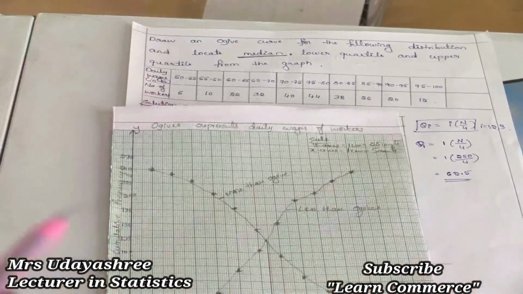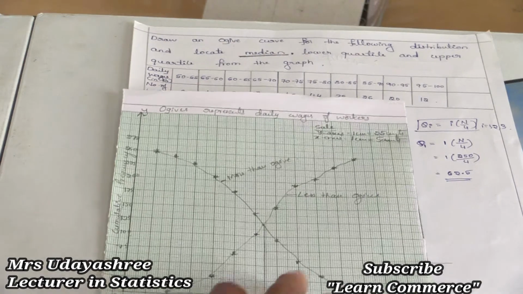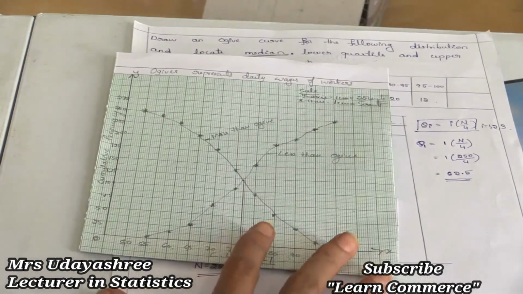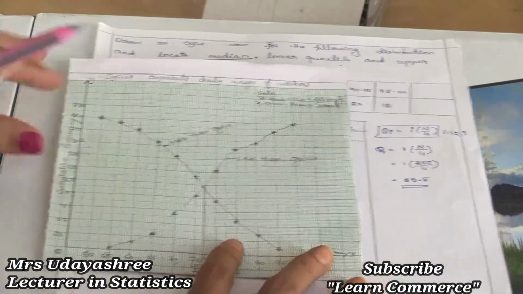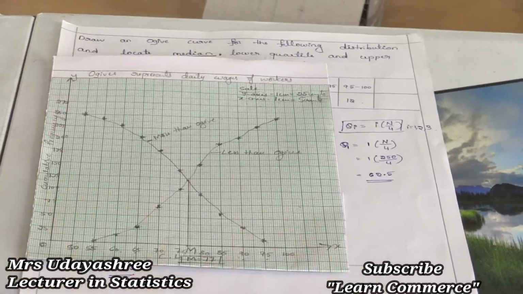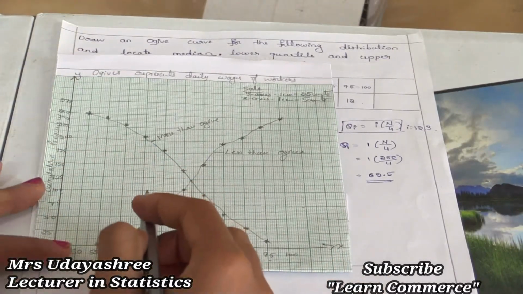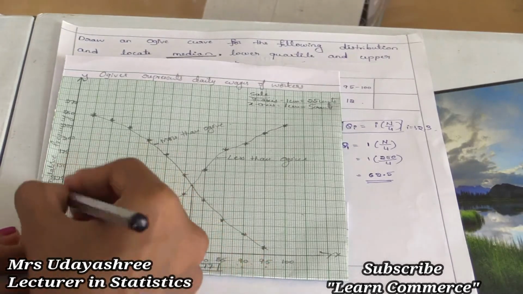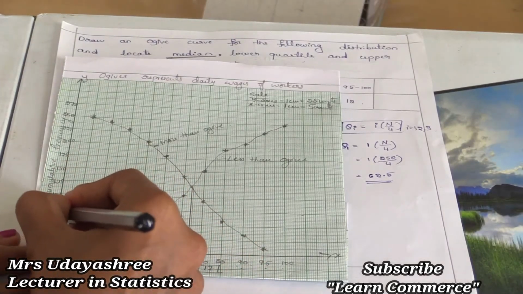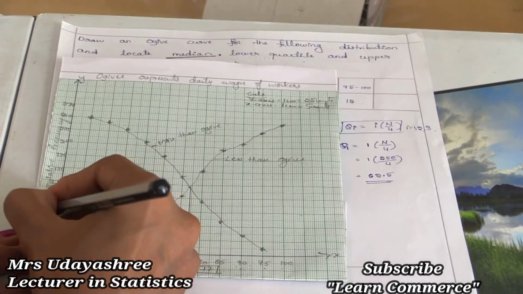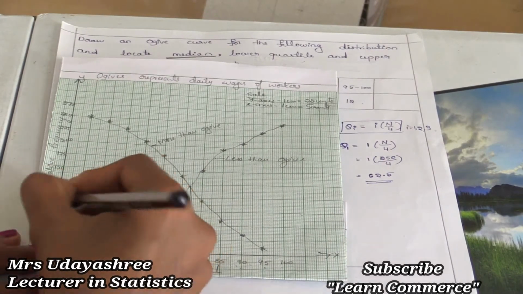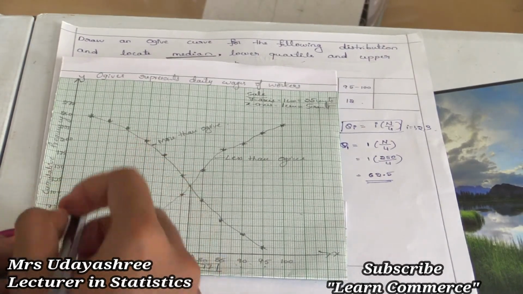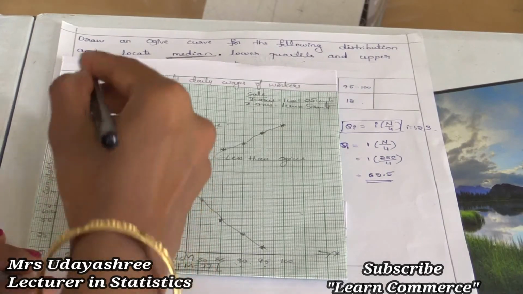See in a graph, so 50 is here, 75 is here, and this middle point is there, no, that is 62.5. So this is 62.5. So this point is on y axis.